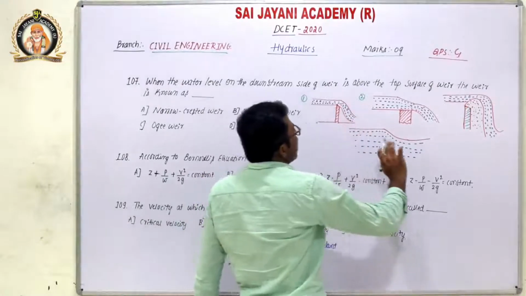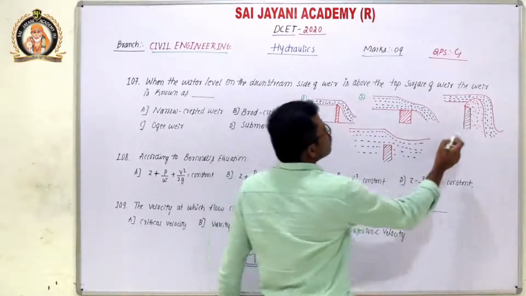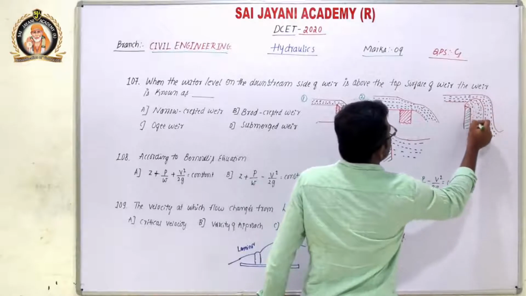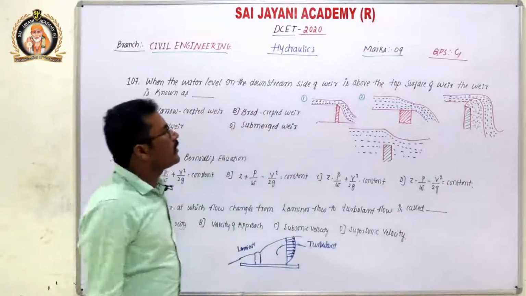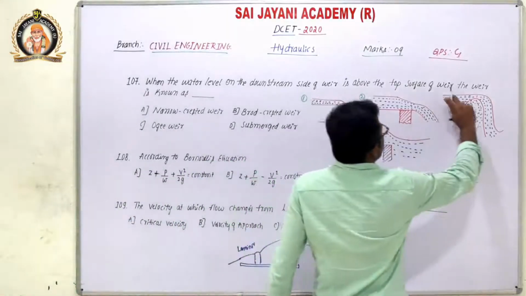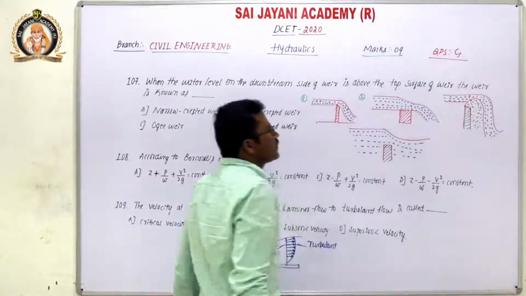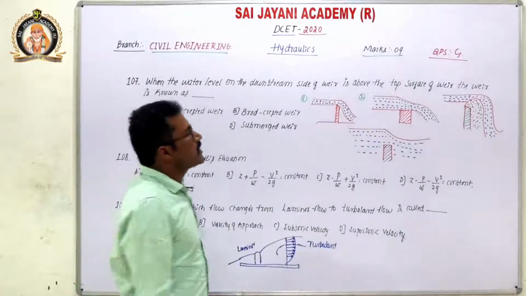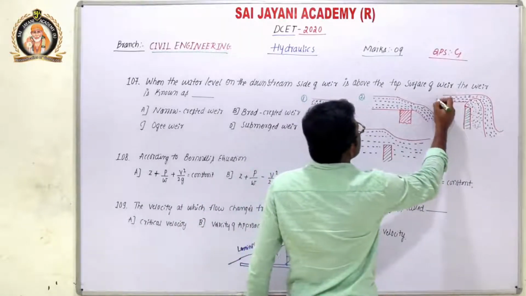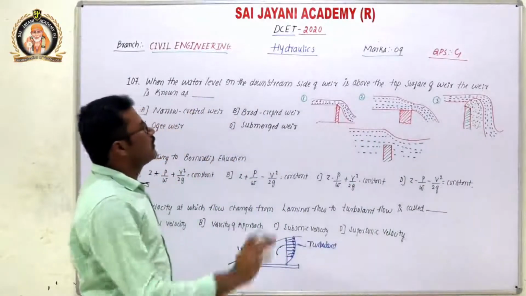So in order to get away from that crest, we are going to provide a concrete structure with the weir, and it is known as ogee weir, where the crest falls away from the weir. So this type of weir is known as ogee weir, where we are going to use cement concrete.